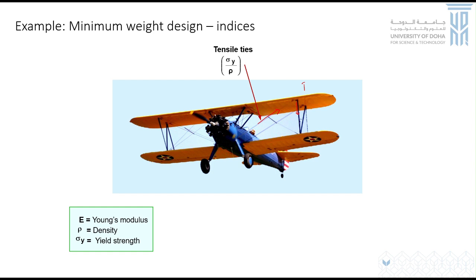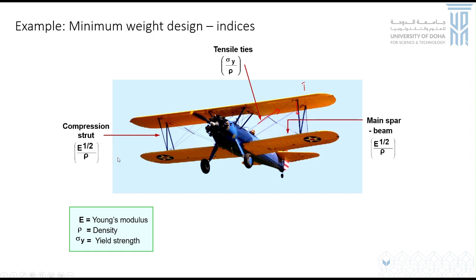So that's why here the objective is to reduce mass, and then the index for this tie becomes sigma yield over density. For this strut, it's now compression. Therefore, the index becomes E raised to power half over rho. Similarly, for the main beam spar, this is now a beam, but now controlling the deflection is important.